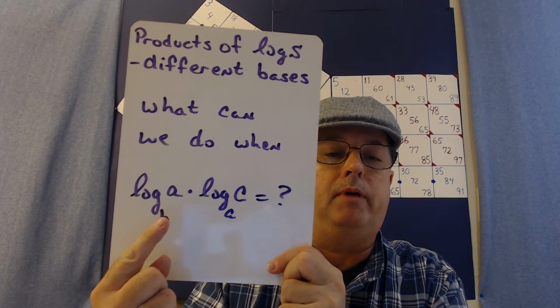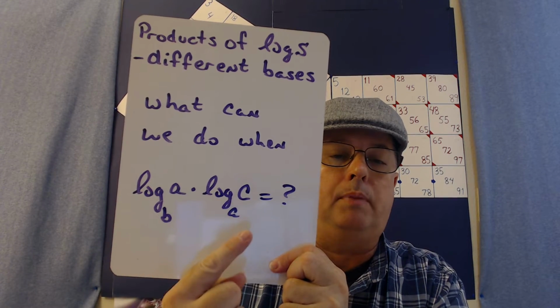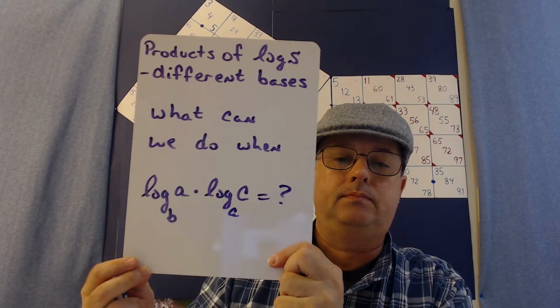when we have our question here, what can we do when we have log base b of a times log base a of c? Let's write that down: log base b of a times log base a of c.